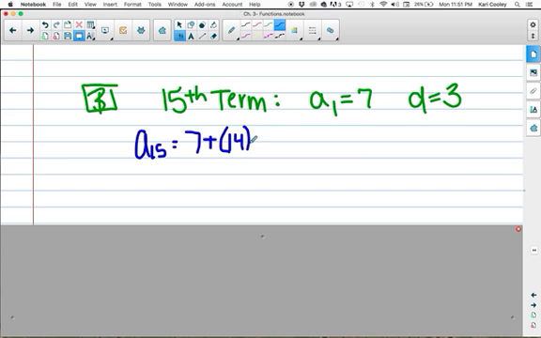Then they tell me my d is 3, so I'm going to put him in parentheses also. So then mathematically I do 7 plus, then 14 times 3, so it's going to give me 42. So when I mathematically solve it out, my a sub 15, so my 15th term in this sequence with this criteria is going to equal 49.